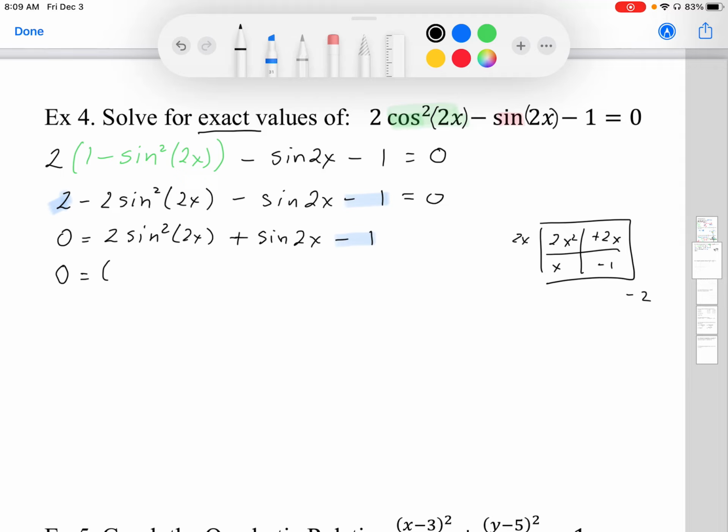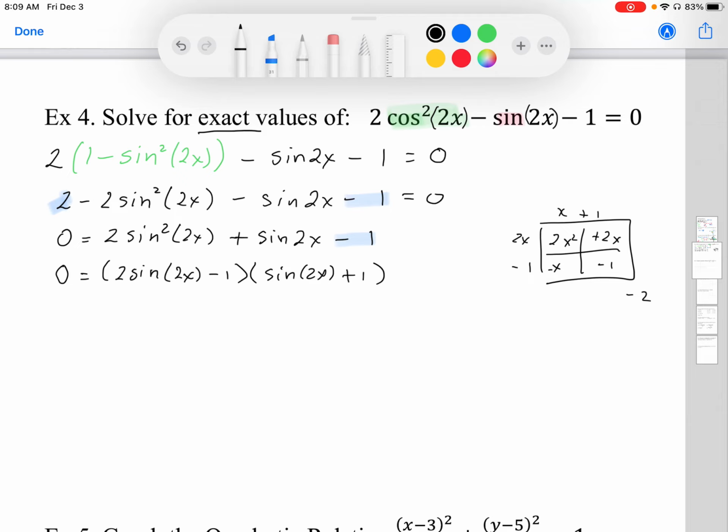So it's going to be 2x, and this is going to be minus here. So it's going to be 2x minus 1 and x plus 1. So 2 sine 2x minus 1, and then it's going to be sine 2x plus 1. Okay, so I've now factored that.